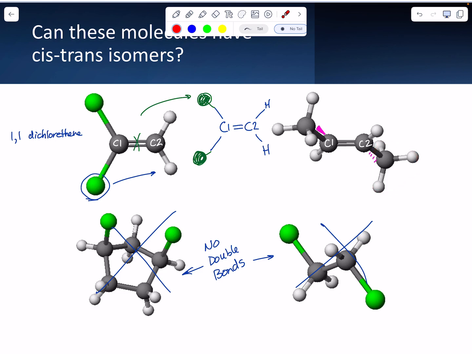To move it so that it's pointing towards me, I would need to break and then rotate around that bond, and then I could do that. I could get this whole group to then be facing outward, so I can move where the hydrogens are just normally in space.